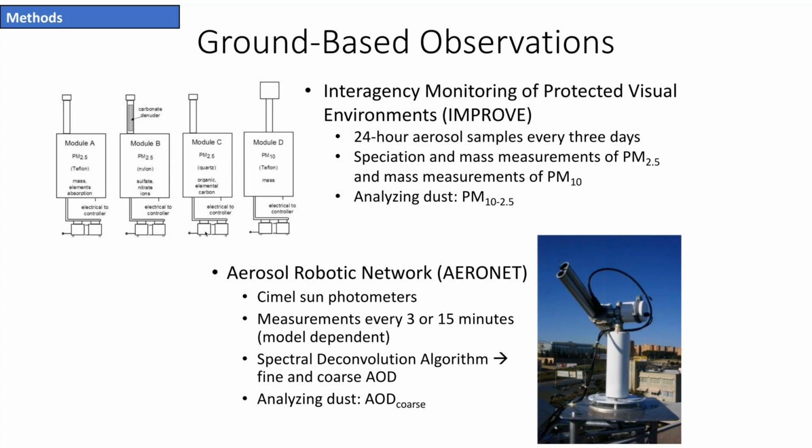They also include a spectral deconvolution algorithm, which takes the bimodal or sometimes trimodal assumption of the aerosol size distribution and the curvature of those optical properties to separate the fine and coarse mode of aerosol optical depth. So I took advantage of that and used the AOD coarse mode to analyze dust there.